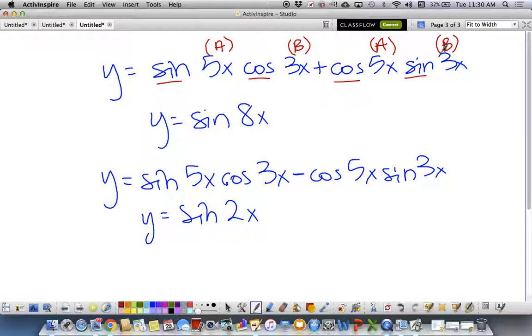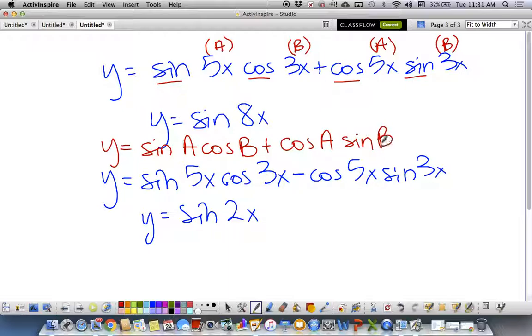Okay? If we're adding, write it down. Sine A cosine B plus cosine A sine B. That formula will always be sine of A plus B. It will always be that way.